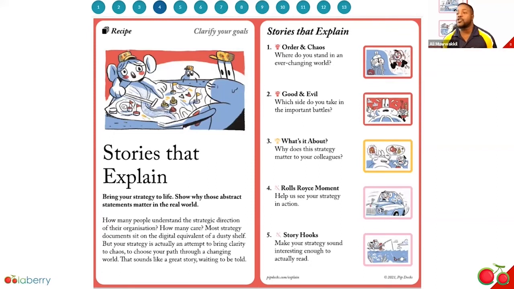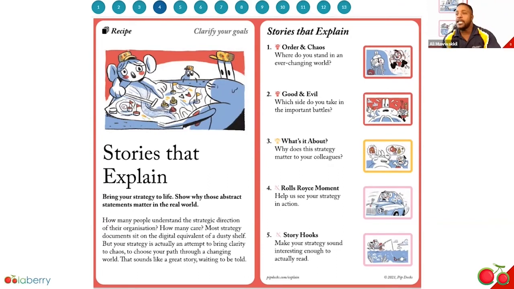Okay, so this is the story of the explain, okay? And I'm gonna use 5 cards to tell this story. Order and chaos, good and evil, what is it about, Rolls-Royce moment, and story hooks. Okay, notice they all have little icons in front of them. That's in the sections that you can find those specific cards.